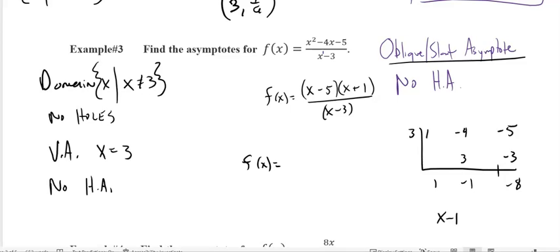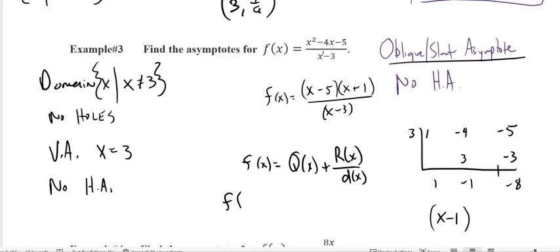So I can rewrite my function as x minus 1, the result, plus, the original function is the quotient, you remember this, the quotient plus the remainder over the divisor. And the divisor is a linear function in this case. I'm dividing by x minus 3.